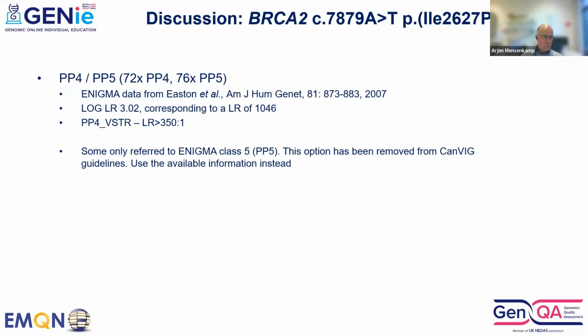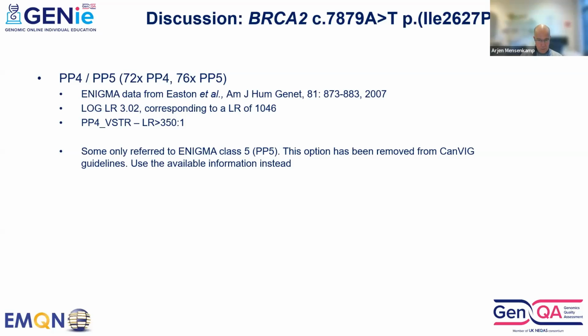Next slide, please. Then again, we get at the PP4 or PP5 according to the previous CanVIC guidelines, and that is the ENIGMA data from Easton et al. That published a likelihood ratio of more than 1,000, and that gives you a PP4 at a very strong level. Some participants used the PP5 code, only referring to the fact that ENIGMA specified this variant as a class 5.